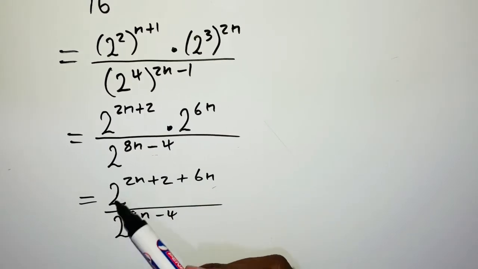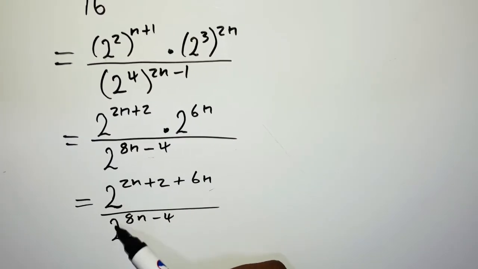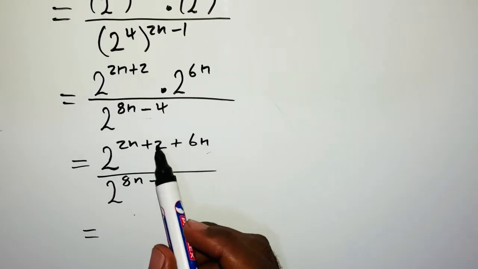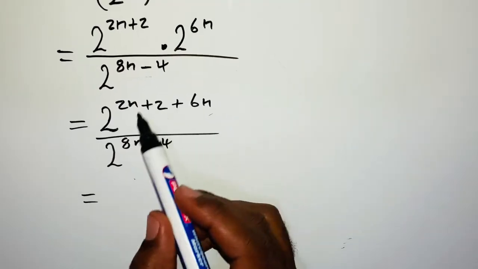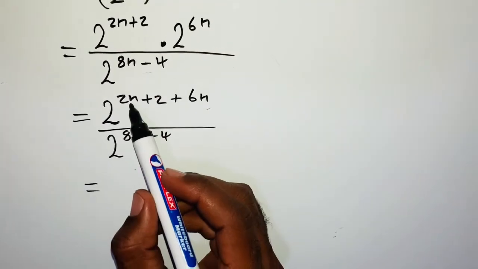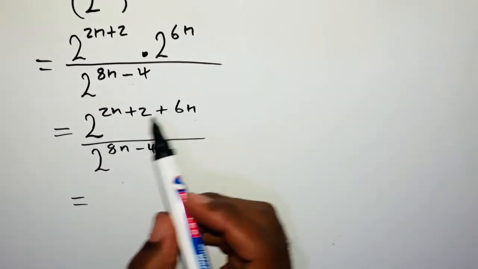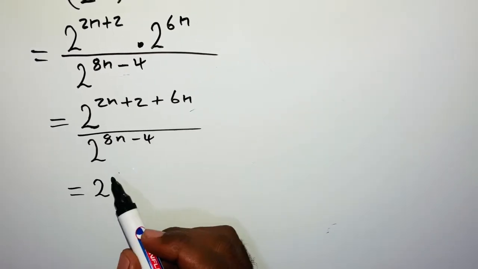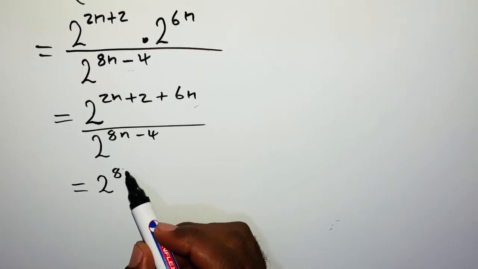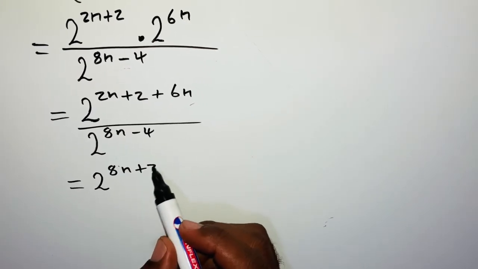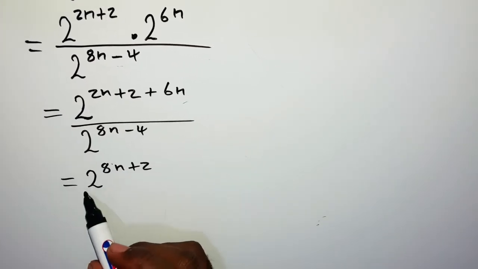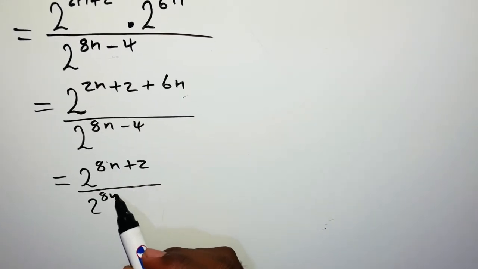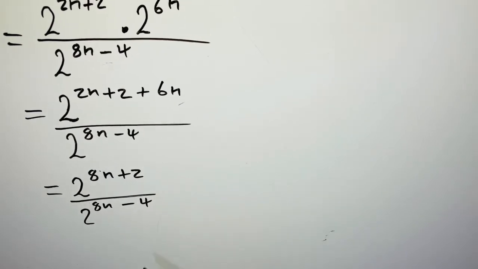Then now, we are dividing things of the same base. But before we go on to solve that, let's further simplify the top part, where we have the like terms, which is 2n plus 6n. We'll get 2 to the 8n plus 2, all over 2 to the 8n minus 4.